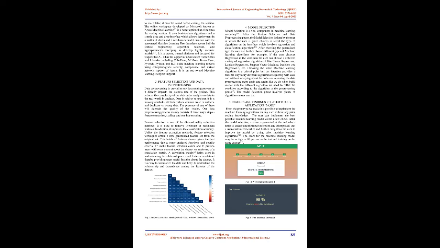A correlation matrix, which is a table showing correlation coefficients between variables, will be plotted. The correlation matrix may help to know the required labels. It is a way to summarize the data and helps to understand the relationship and dependence among the features of the dataset.